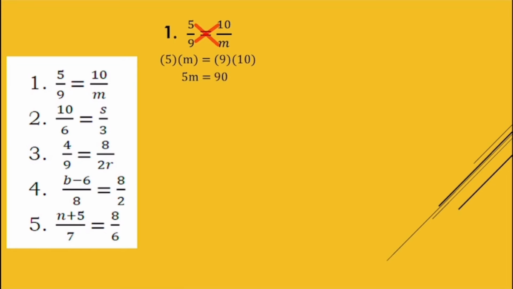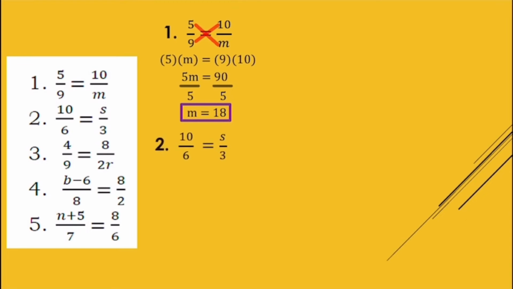And after that, let's apply the division property of equality. So let's divide both sides by 5. So 5m divided by 5 is equal to m, and 90 divided by 5 is equal to 18. So the answer in number 1 is 18.